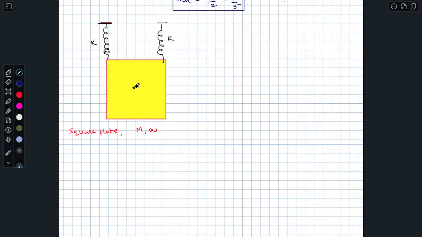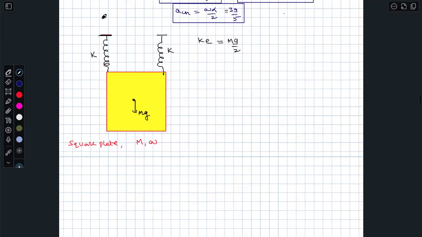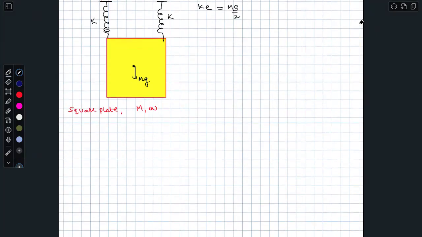Clearly in this case, initially the springs are under elongation, and since the force constants are the same, initially each spring has force mg by 2. Agreed? Right. Now you just have cut here.